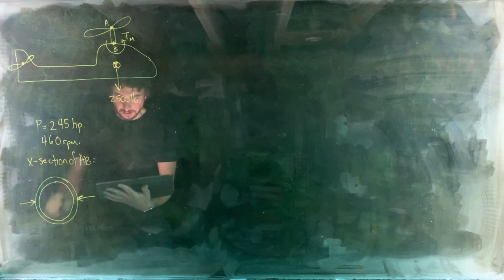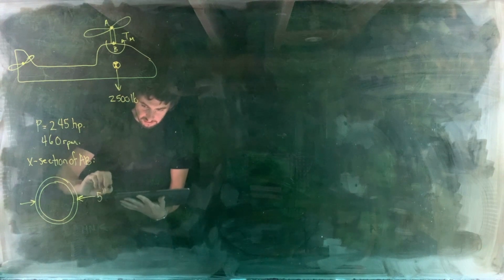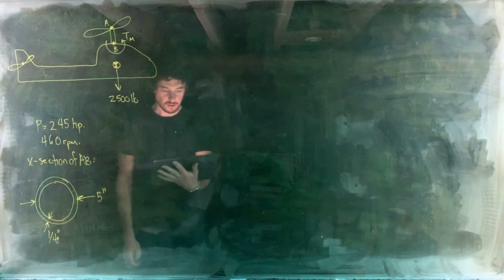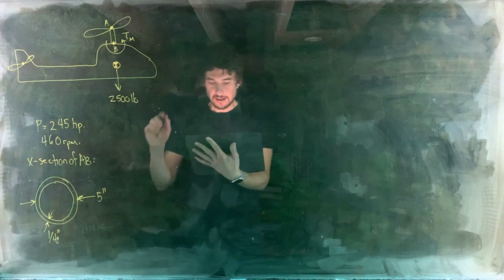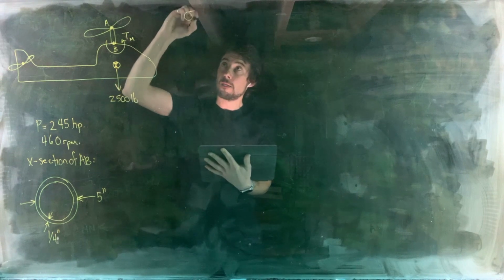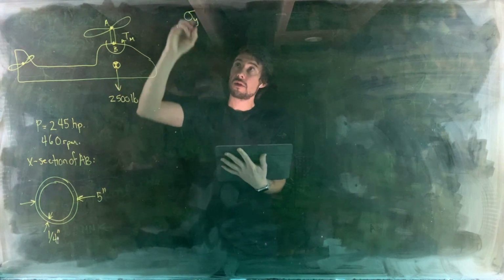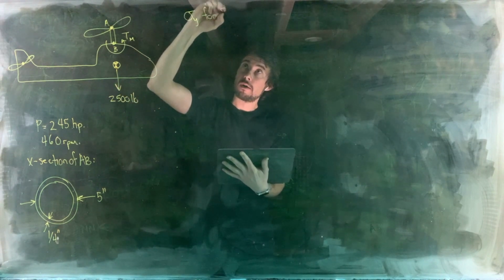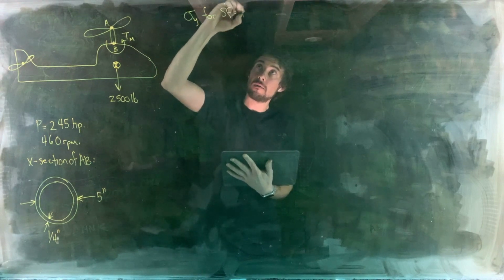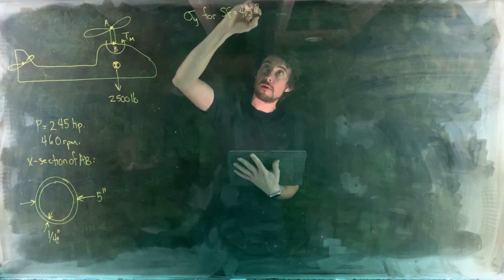So there's no point in having material where there's not stress. Okay, and the outer diameter is 5 inches, wall thickness is 1/4 inch. So the question that we're asked is the yield strength for safety factor of 4.5.